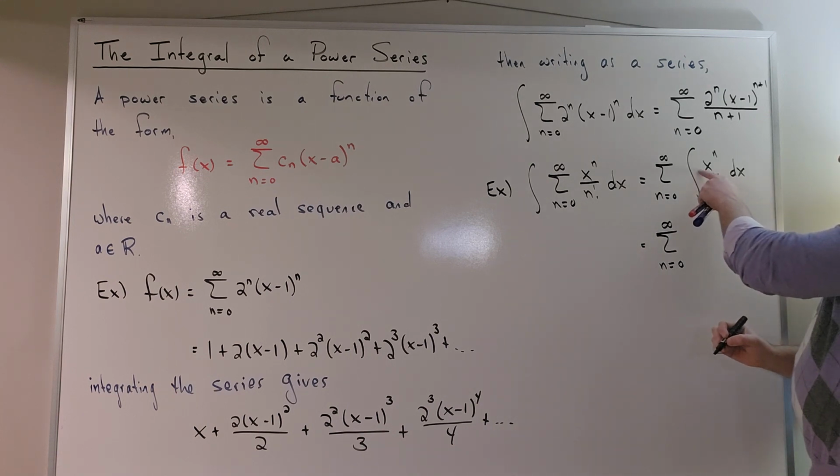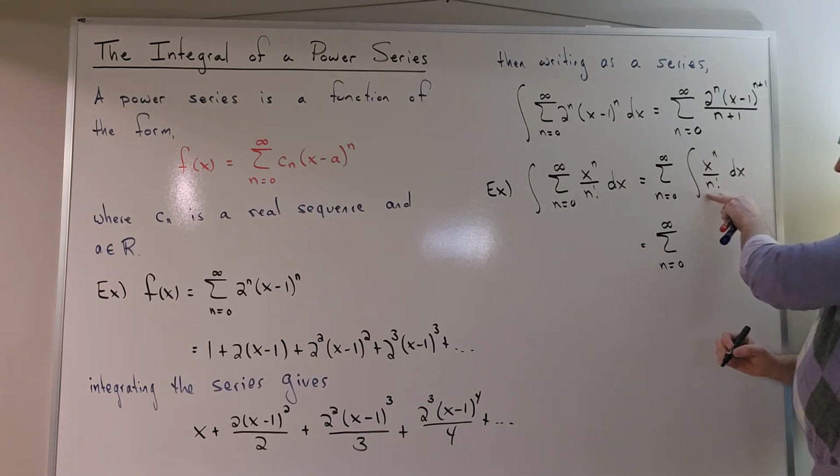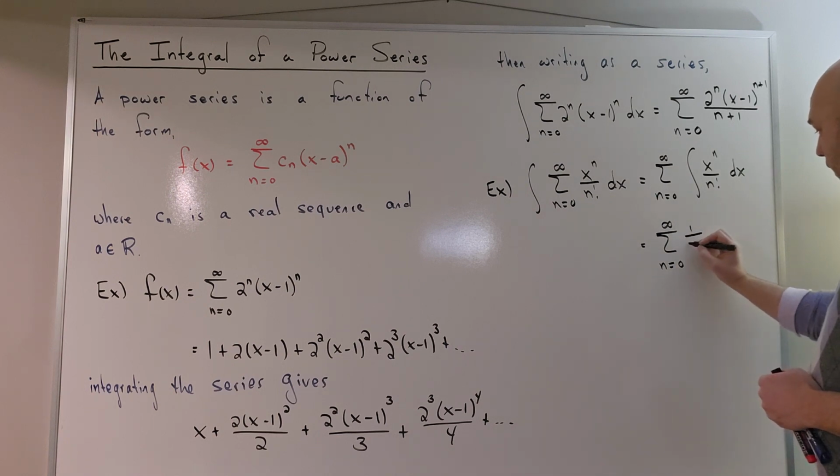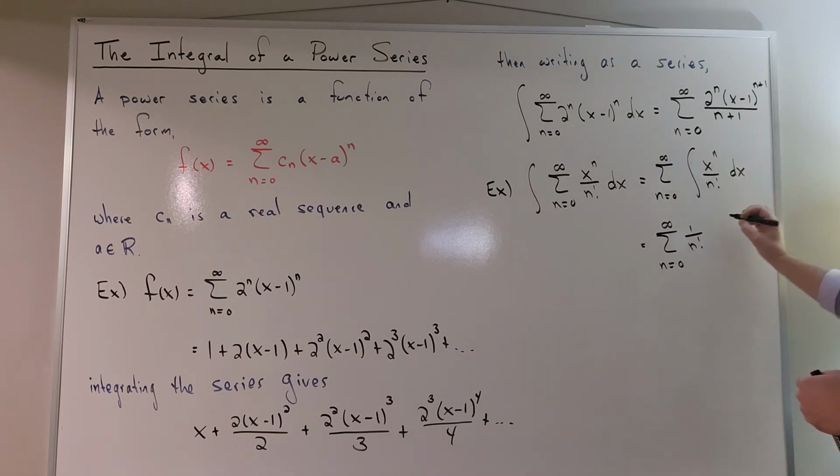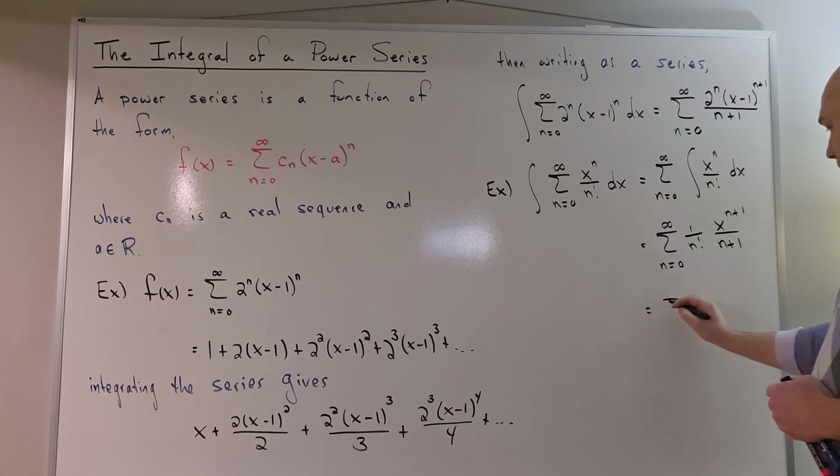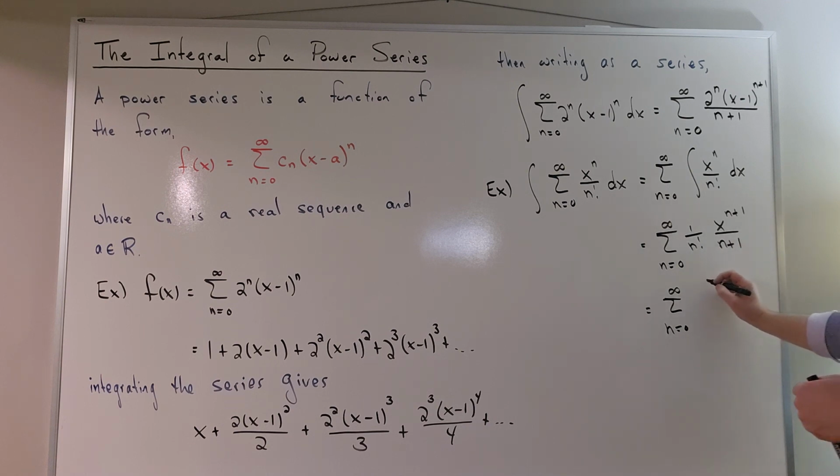Now, antiderivative of x to the n, again, n factorial is just a constant, so let's just bring that out front, 1 over n factorial, and then the antiderivative of x to the n would be x to the n plus 1 over n plus 1, which would be the sum n equals 0 to infinity of x to the n plus 1 over, and then n factorial times n plus 1 would be n plus 1 factorial. So again, I just take the antiderivative of each term.